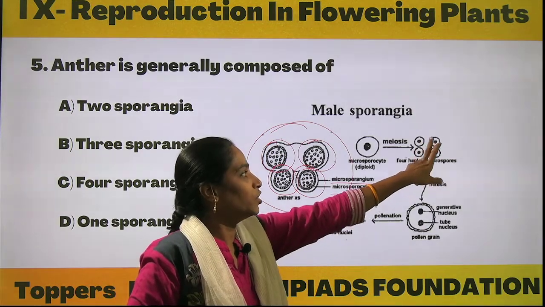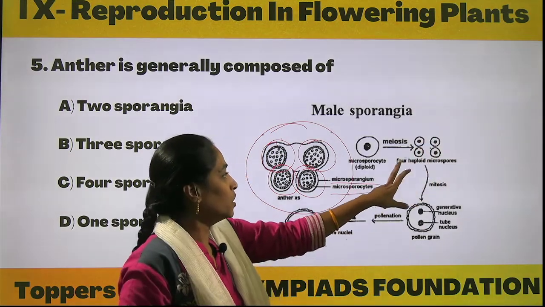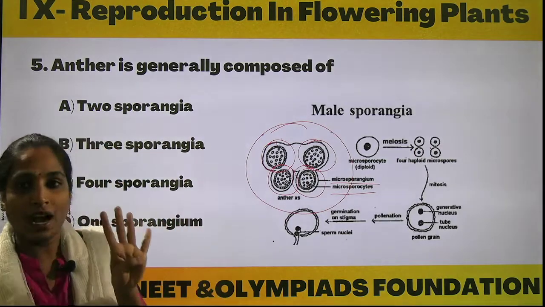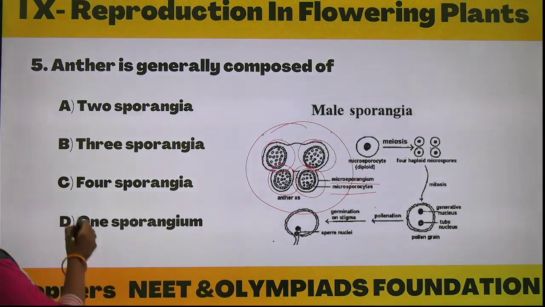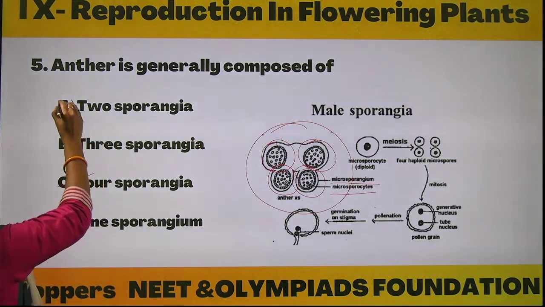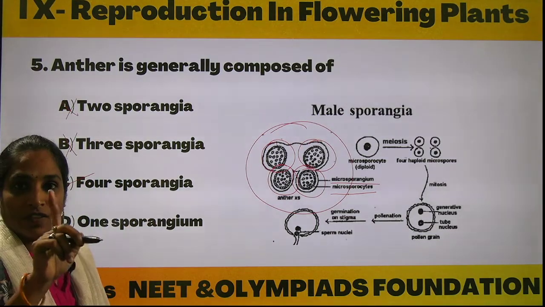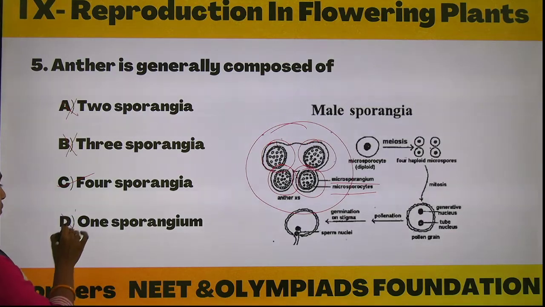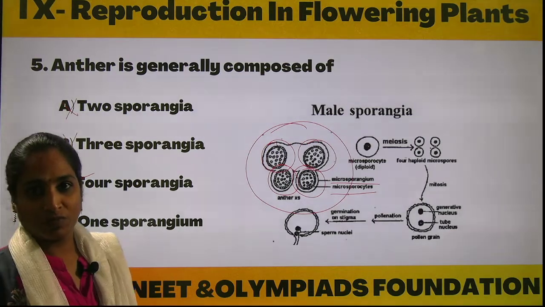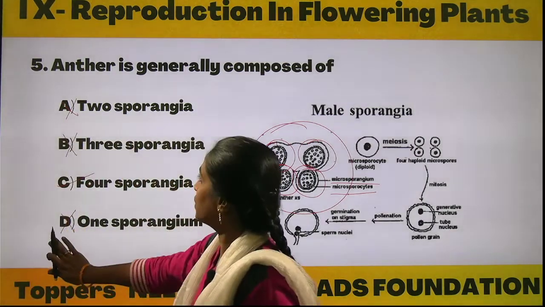So this kind of 4 haploid microspores, microsporangia will be counted as 4. So what is the correct option? Option C, not 2 sporangia, not 3 sporangia and not even a single sporangium, nothing but the 1 sporangium. Understood? Coming to the next question.